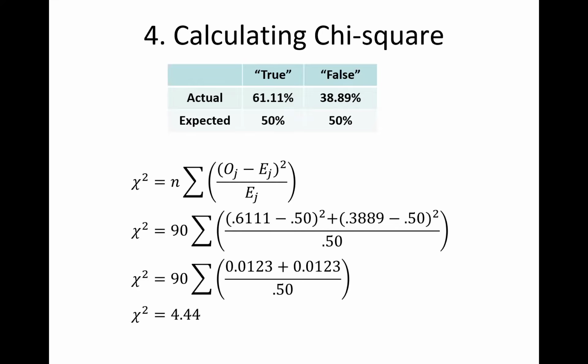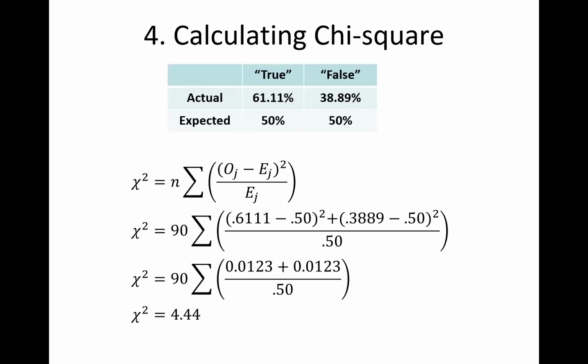So I work out that numerator, it's 0.0123 plus 0.0123, because that's after I squared them. So 0.6111 minus 0.50 squared is 0.0123.